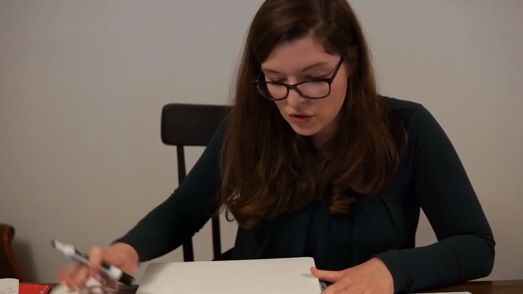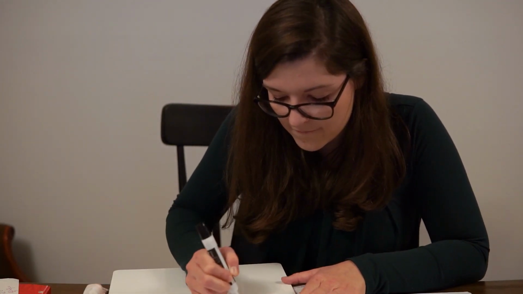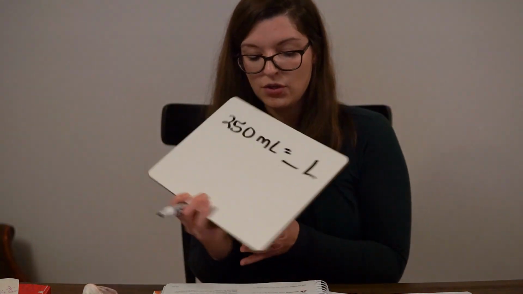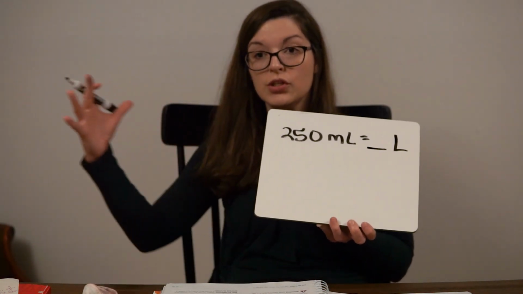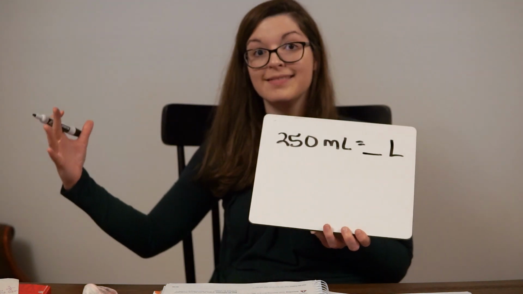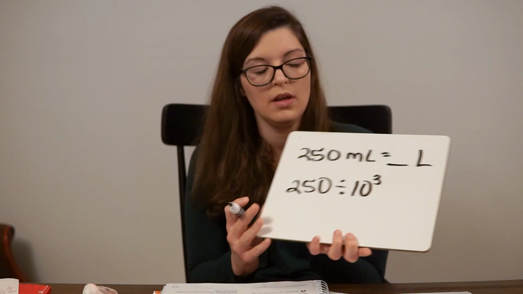Okay. Number 6. 250 milliliters equals blank liters. Okay, we're going from small to larger. So what are we going to do? Divide, okay? 250 divided by 1,000, or we could say 10 to the third. Okay.